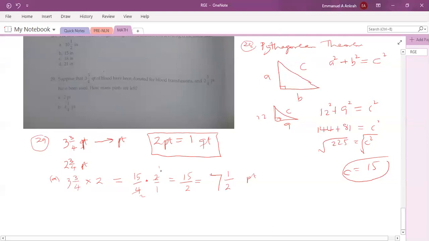But the question says this was used, so I have to subtract. Step 2: what you have, 7.5, minus what was used, which is 2/3.